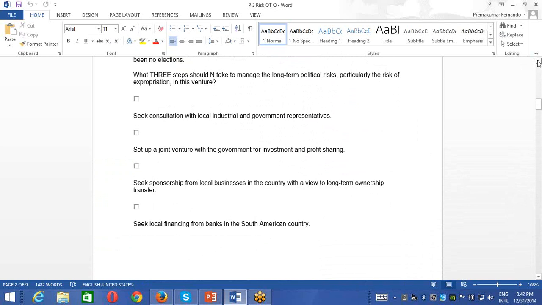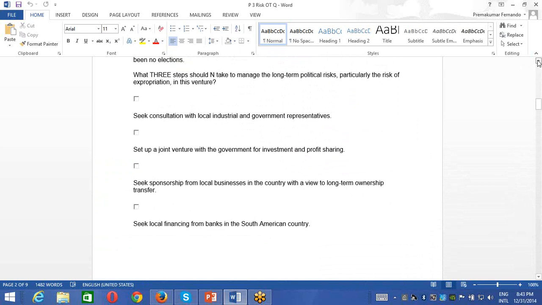That way, the political risk is very minimal, because the government of Sri Lanka will not be very adverse, because the local banks have invested money. So one way to manage the risk is always, when you're going to a foreign country, try and look for local finance.